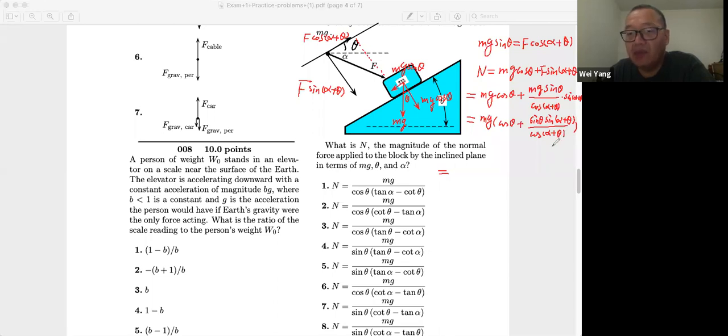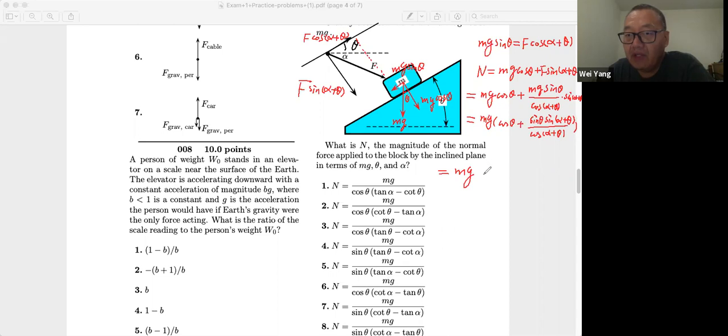But that still did not help us to find the answer here, right? So then later I'm thinking I can do it this way. I can still keep this sine cosine.